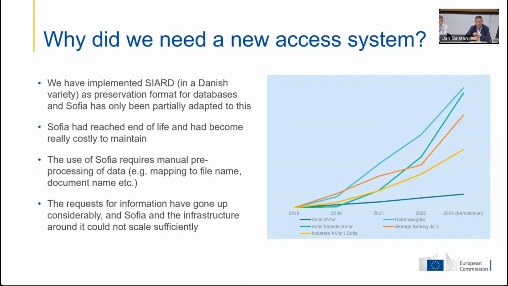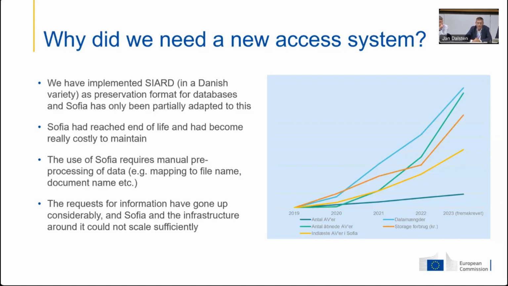I'm not going to explain the graph in detail, but the green line at the bottom shows that while the number of data sets only increases with a few percentage points per year, maybe 300 new data sets per year, the amount of data, as shown by the blue graph on top, just really explodes.